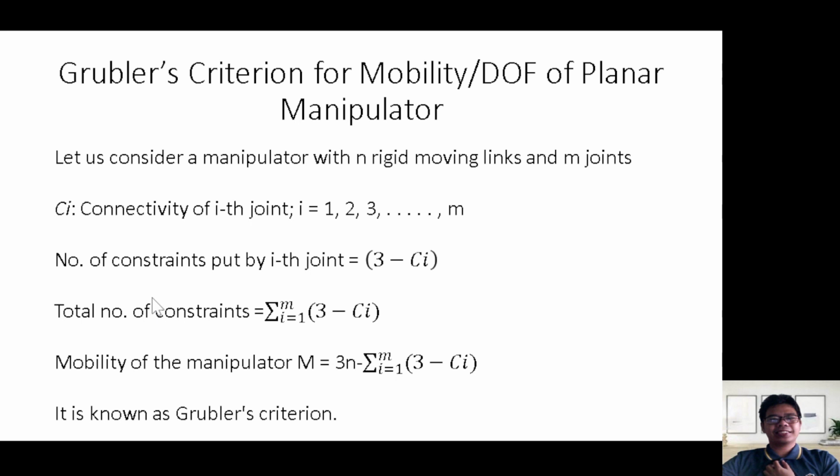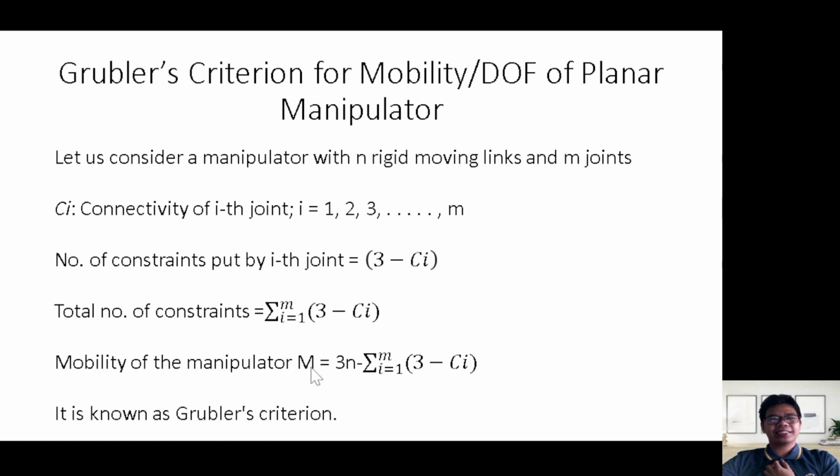By summing up the constraints from all joints, you get the total number of constraints imposed on the planar manipulator, or the summation of m from i equals 1, 3 minus Ci. Here's the crucial formula.